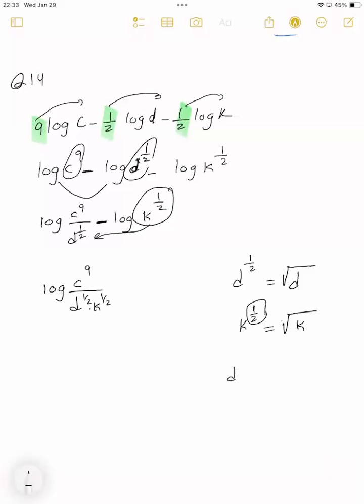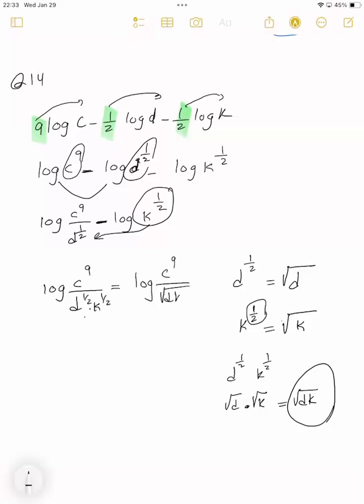So I have d to the half, k to the half. This is a square root of d. This is a square root of k. Since it's a multiplication between them, we can write it as a square root of dk. So they want you to go through all these steps and write this as a square root of dk. So the final answer is log of c to the 9, over the square root of dk. So that's how you get this square root.